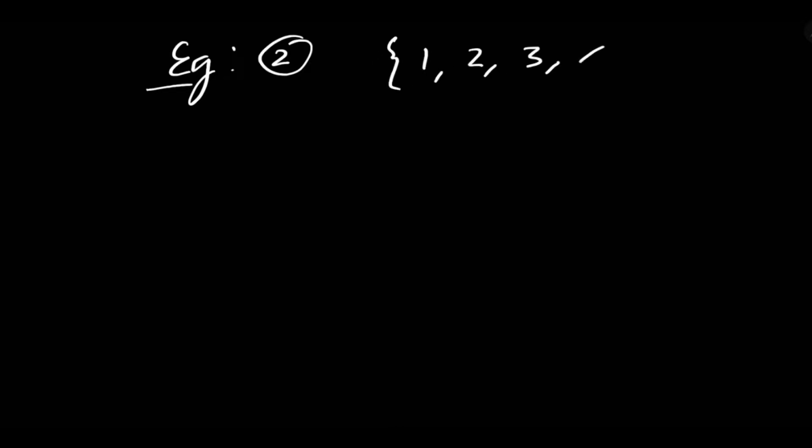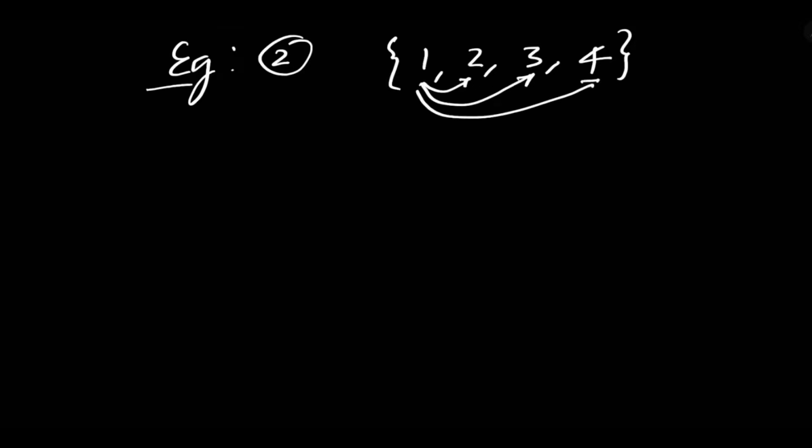Now let us see one more example. Example 2. Here they've given the numbers. This set consists of 1, 2, 3, and 4. So here you can see 1 with 2 makes one set, with 3, with 4.